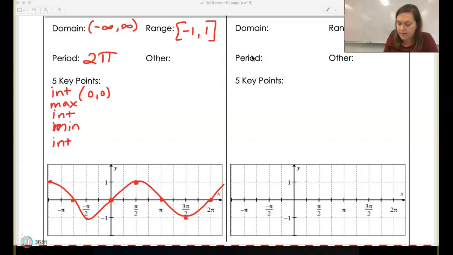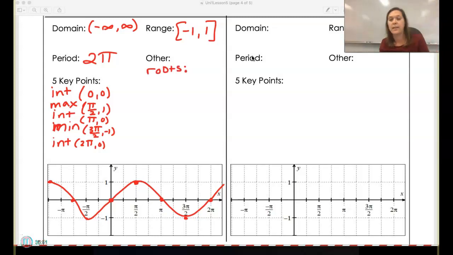I guess we can put these key points in here. So our next key point is at pi over 2, 1, and then pi, 0, and then 3 pi over 2, comma -1, and then 2 pi, 0. So my roots, also known as your x-intercepts, are occurring at every pi, right?